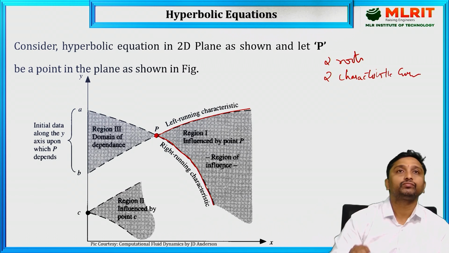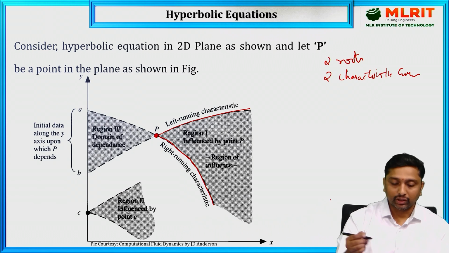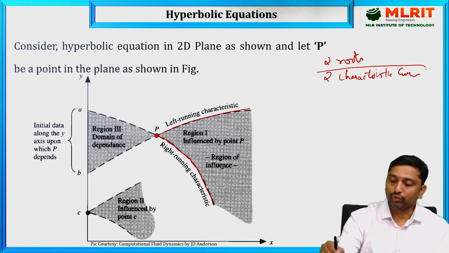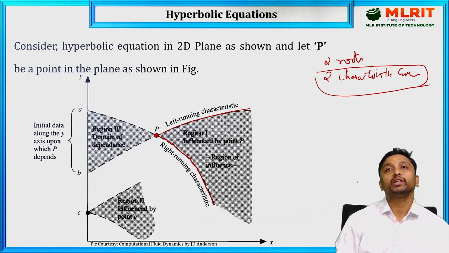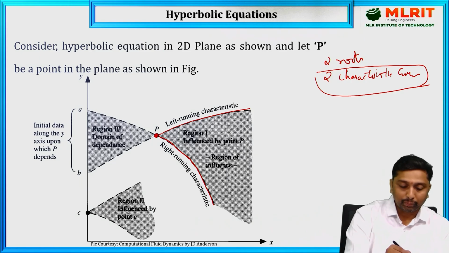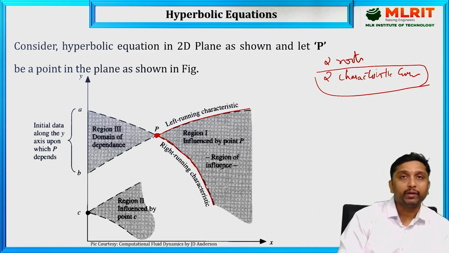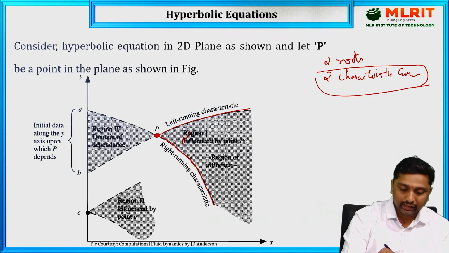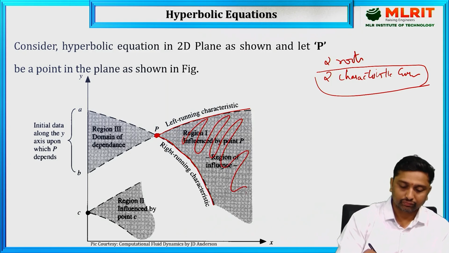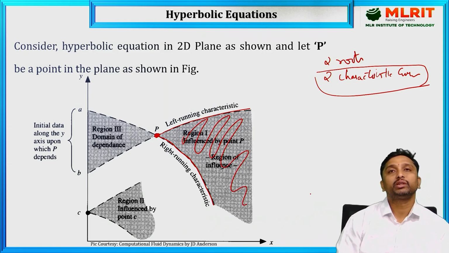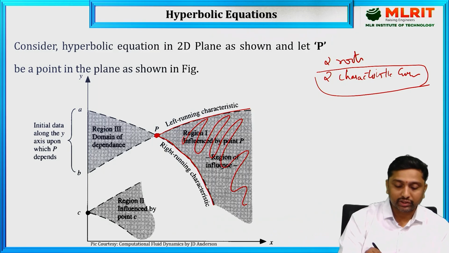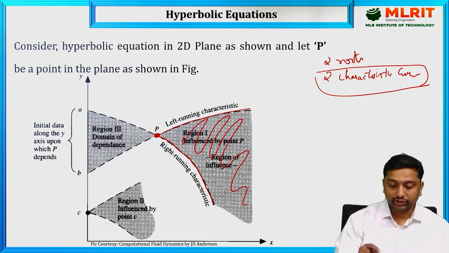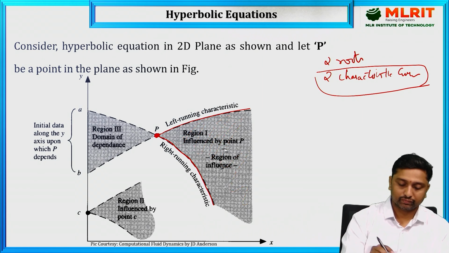Each curve forms the boundary for the influence. The disturbance created by point P will be felt only in this region. We call it the region of influence.